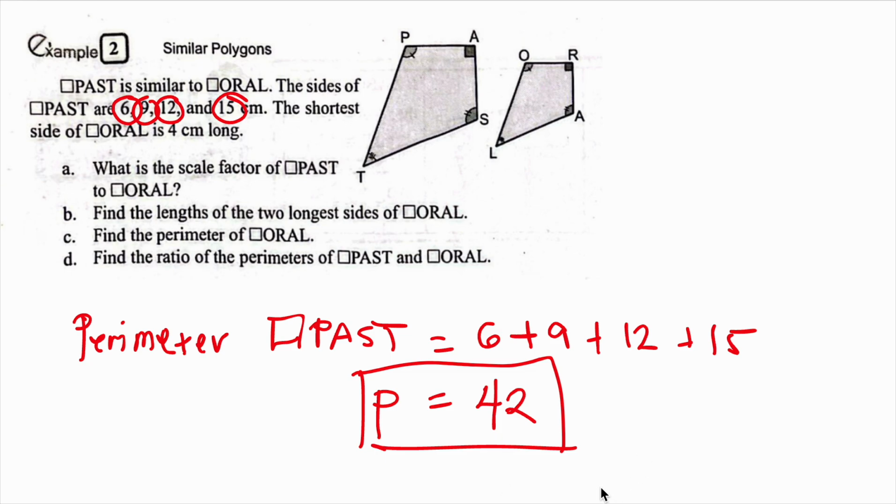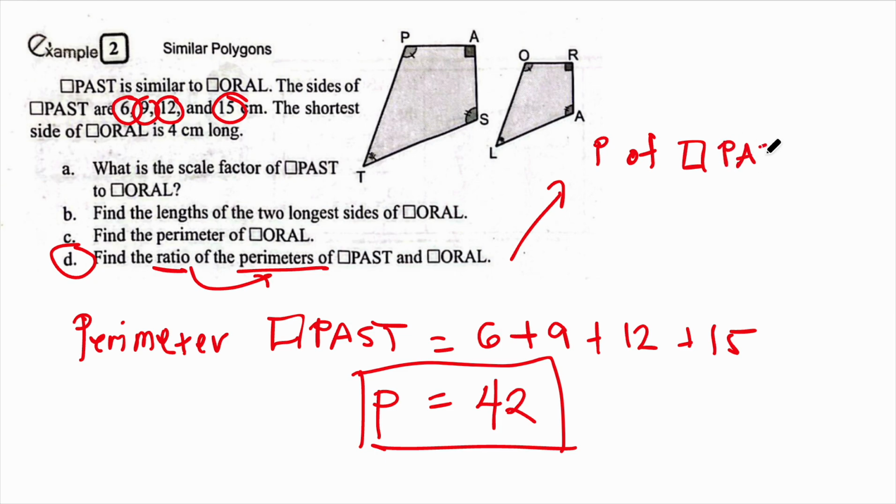Now, as we can see, ang hahanapin naman natin dito sa pinaka-last na given is to find the ratio of the perimeters. So how do we find the ratio of the perimeters of past and oral? Okay, the basic formula for this particular thing is perimeter of the past all over the perimeter of the quadrilateral oral.